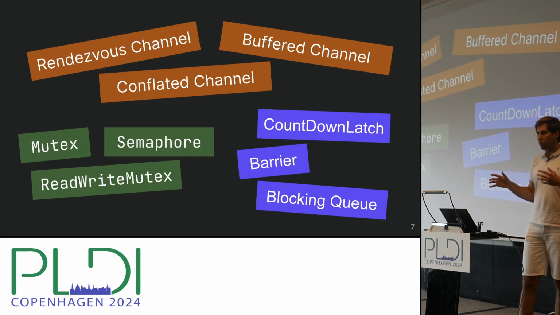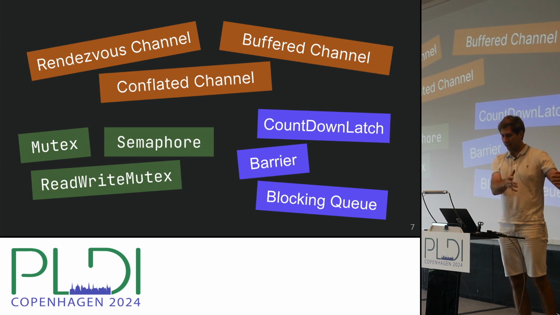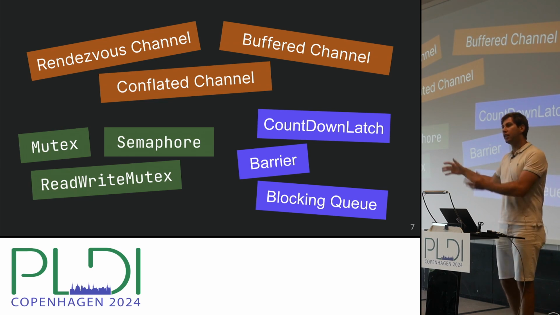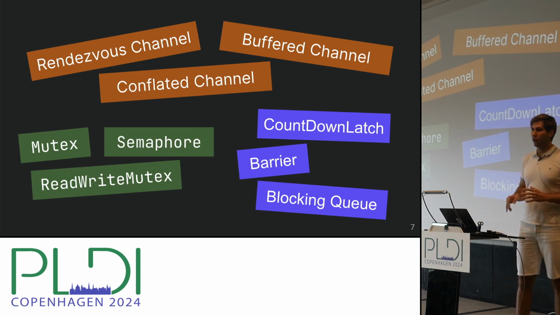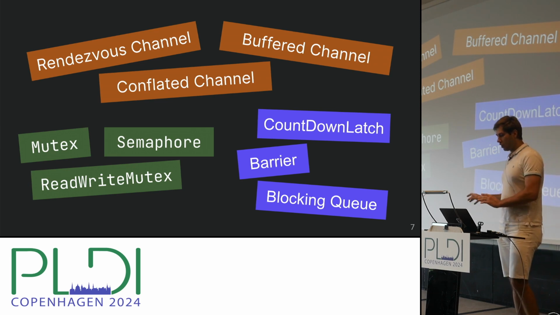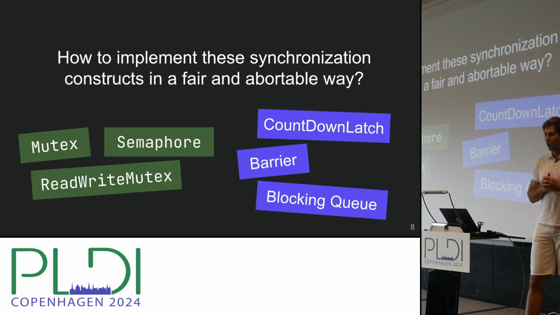So all the classic constructs that you use with threads, you likely need for coroutines as well. For channels, we have a special algorithm and a paper about that. Here we focus on the synchronization primitives.